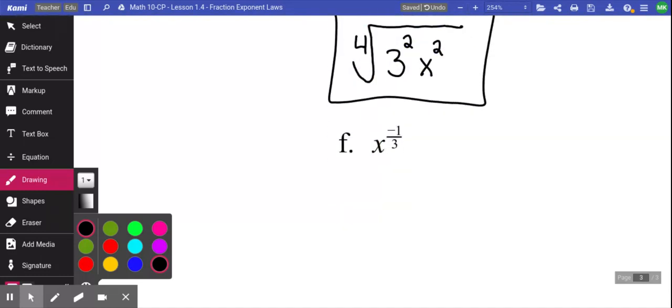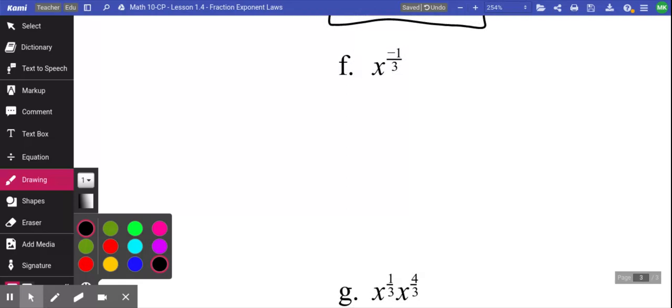Perfect. F. F is probably the hardest one on here. At least it's the one that we make the most simple mistakes on. The problem with F is that you have a negative exponent, and you have to deal with that negative exponent first before you deal with the fraction.